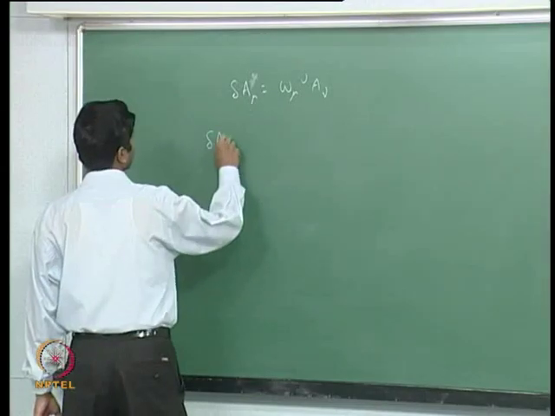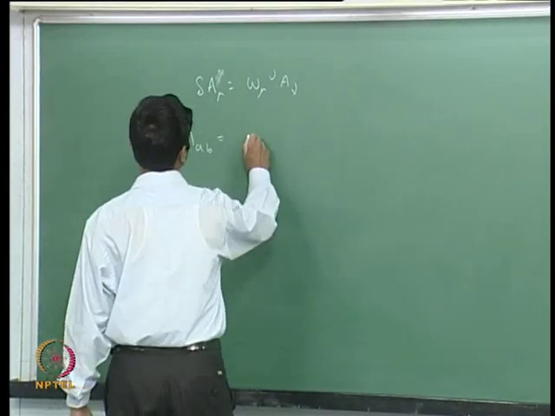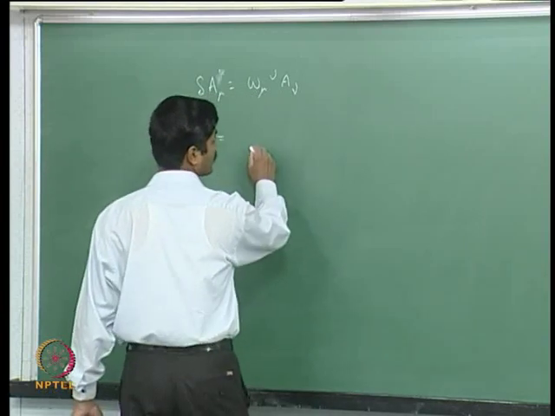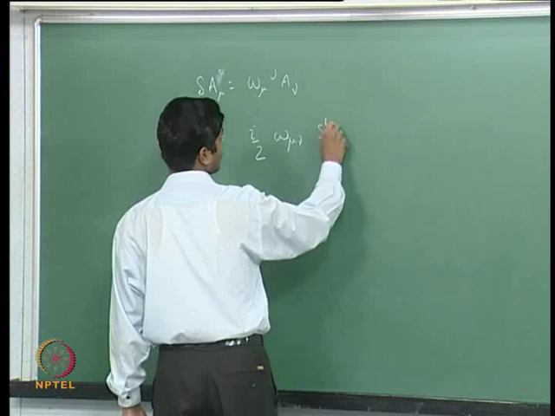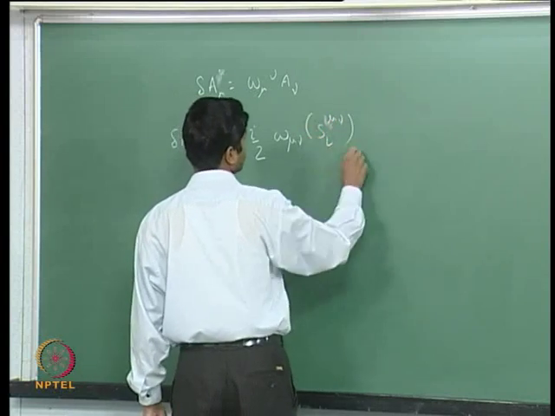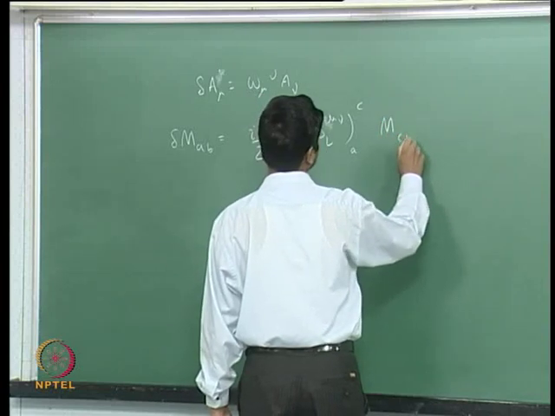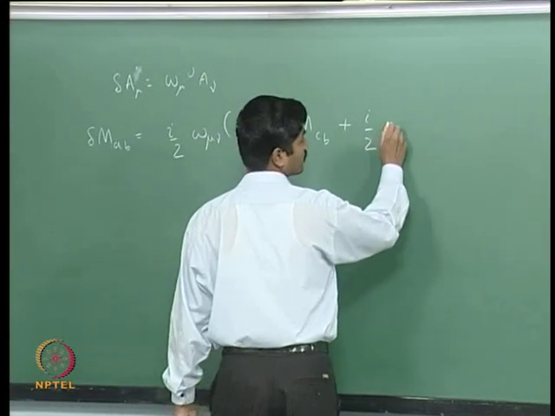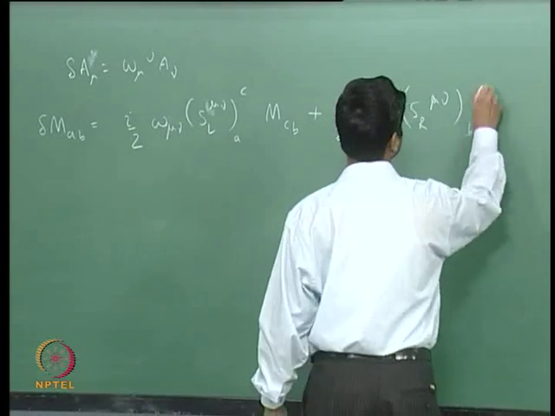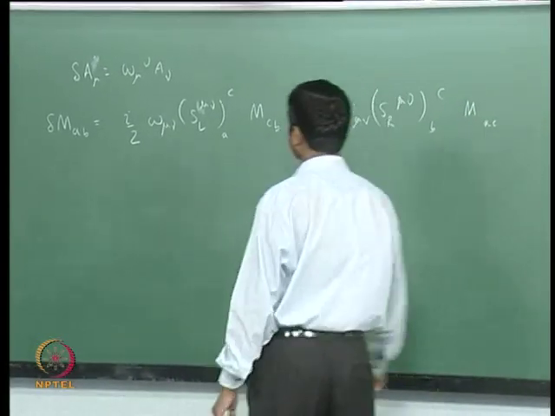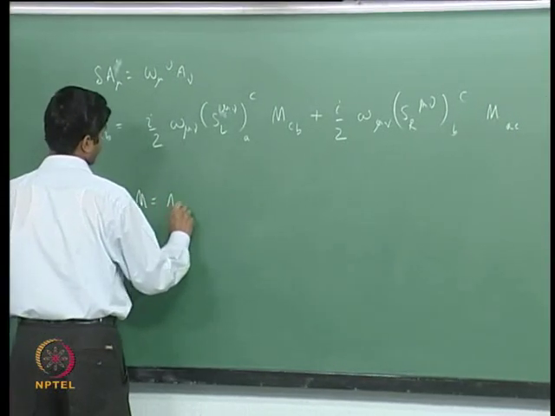or the same transformation rule you can phrase it in a different way, saying that delta M AB is equal to I over 2 omega mu nu S L, all right, because our aim is nothing but A mu sigma mu.